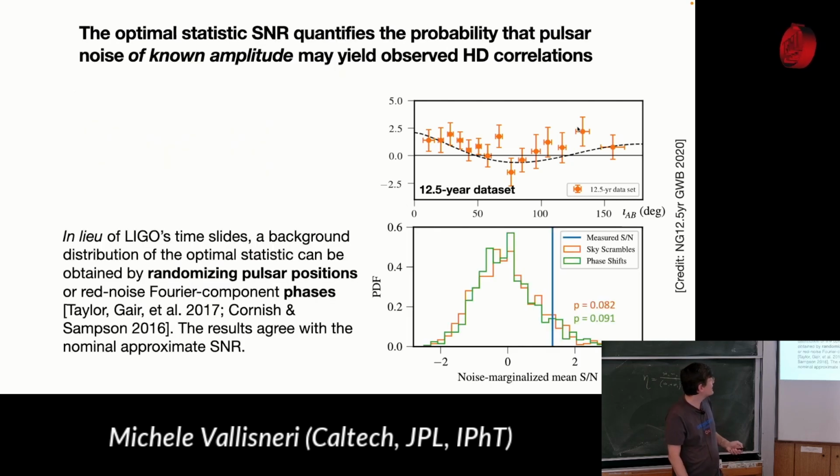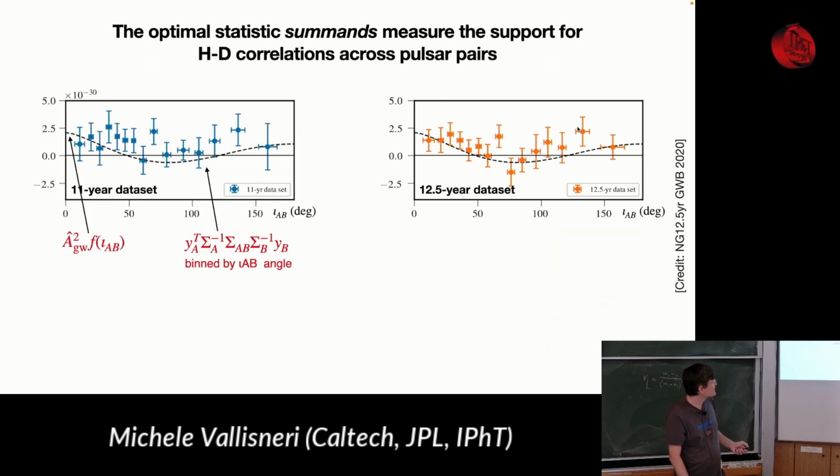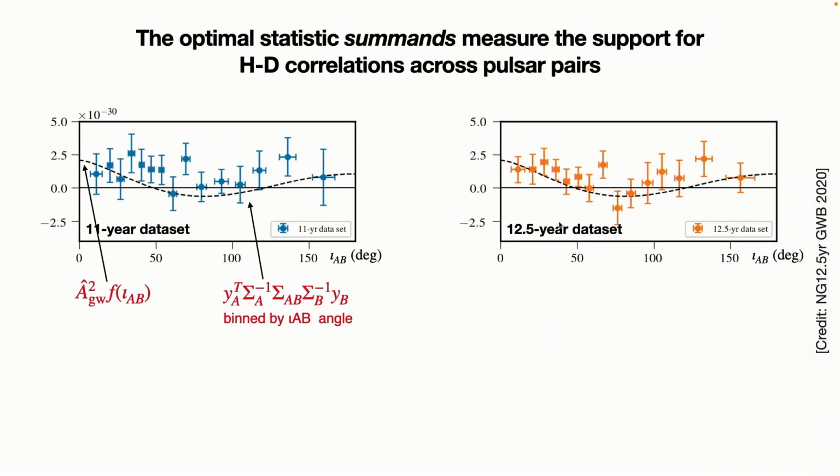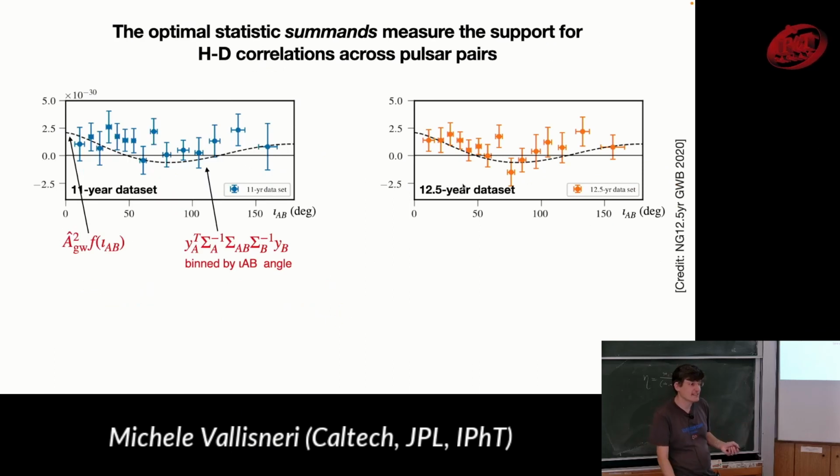In fact, in the 12.5 year data set, there's evidence of a monopolar signal, a signal that hits all the pulsar baselines coming to Earth with the same fluctuation, which you get, for instance, if your clock, the UTC, let's say, had a wander.